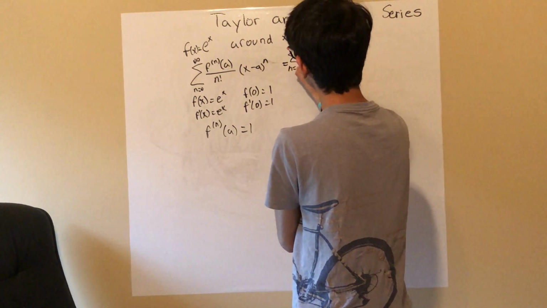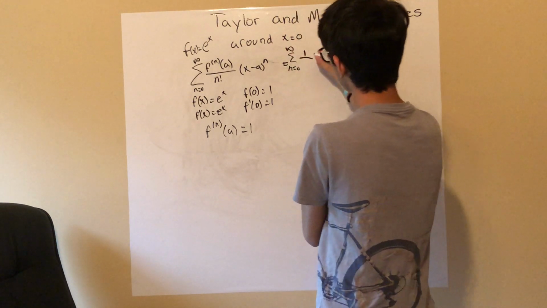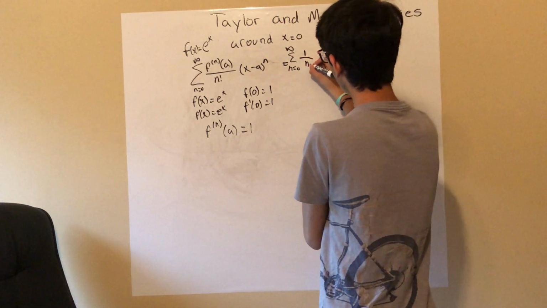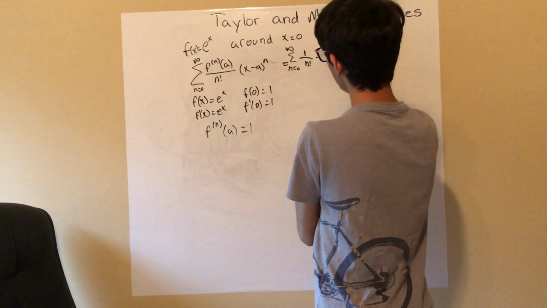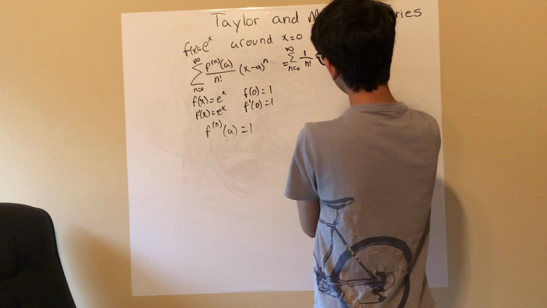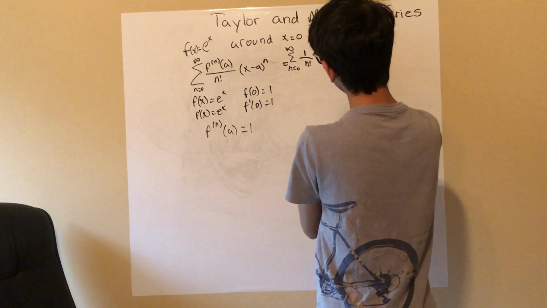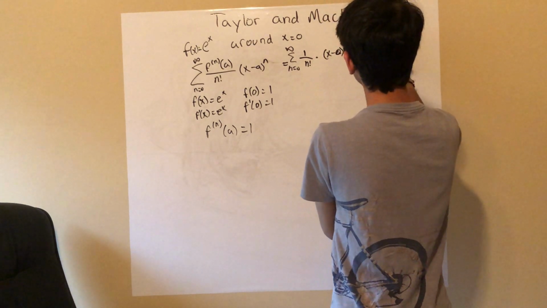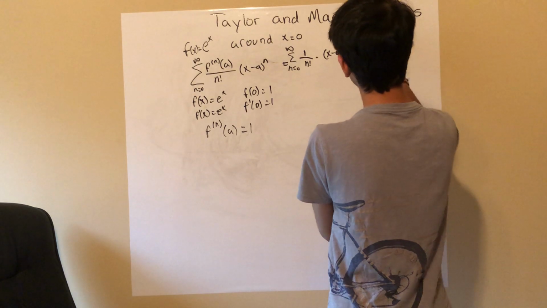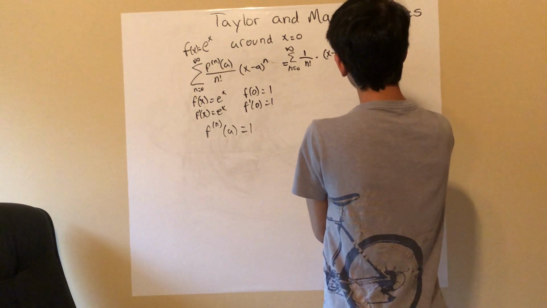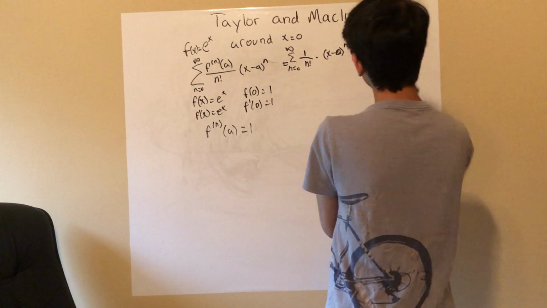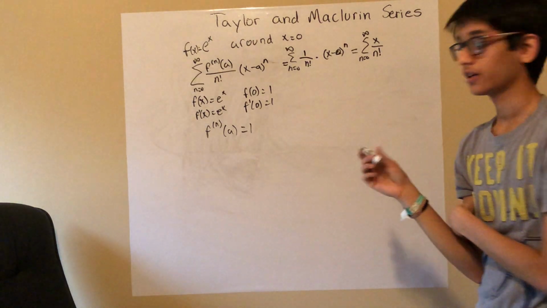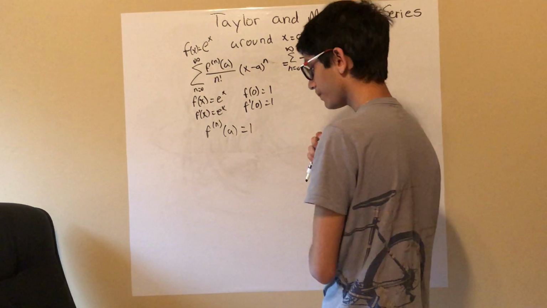So this is equal to the sum from n equals 0 to infinity of 1 over n factorial times x minus a, which is x minus 0, to the n, which equals x to the n over n factorial. The sum from n equals 0 to infinity of x to the n over n factorial.